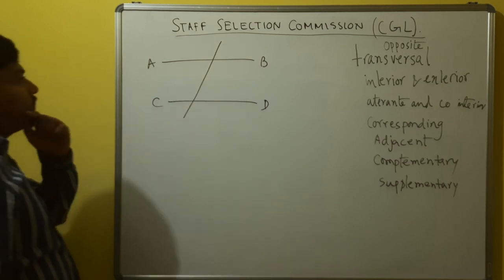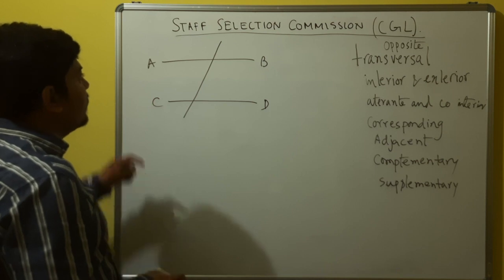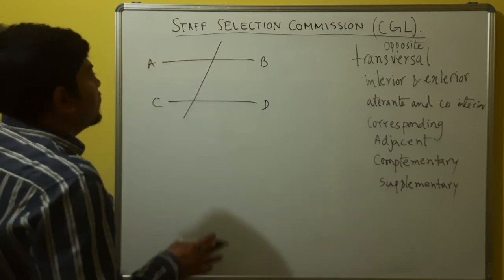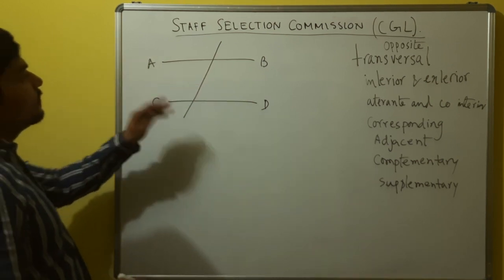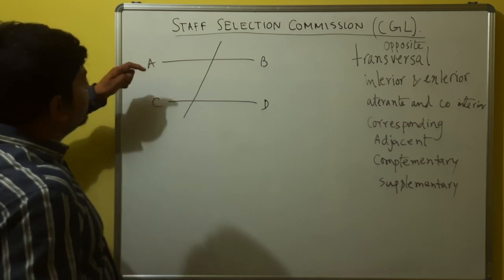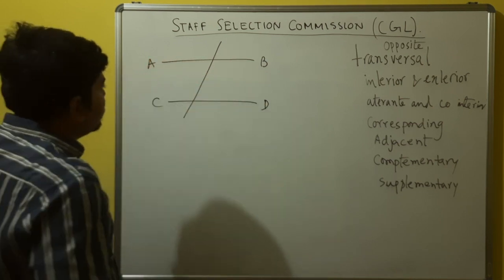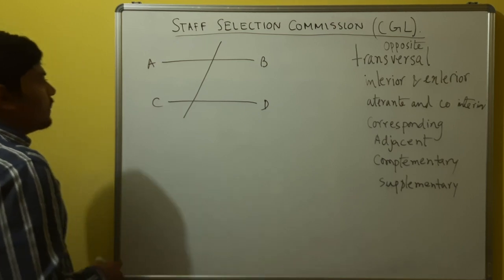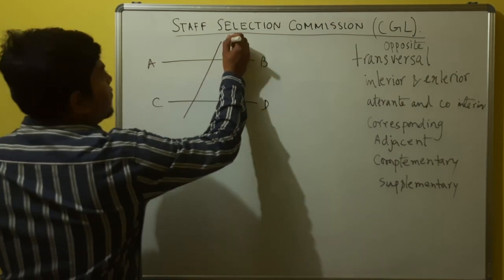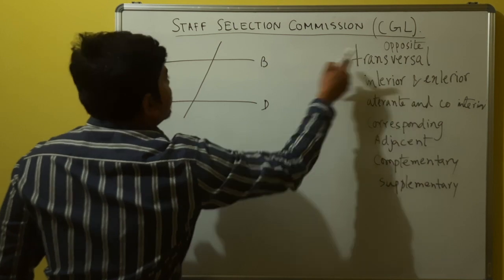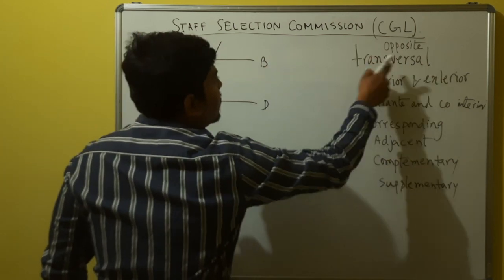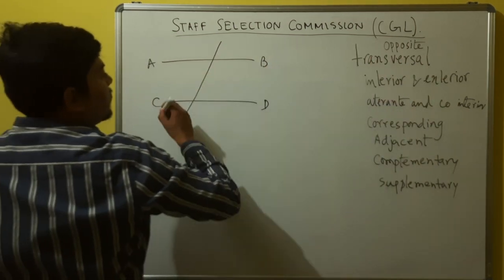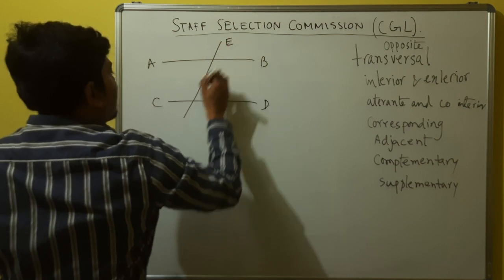Remember, these are straight lines, not normal lines. Two straight lines are there which are parallel to each other, and there is another straight line which cuts them. We call it a transversal. So this is AB, CD, and this is EF.